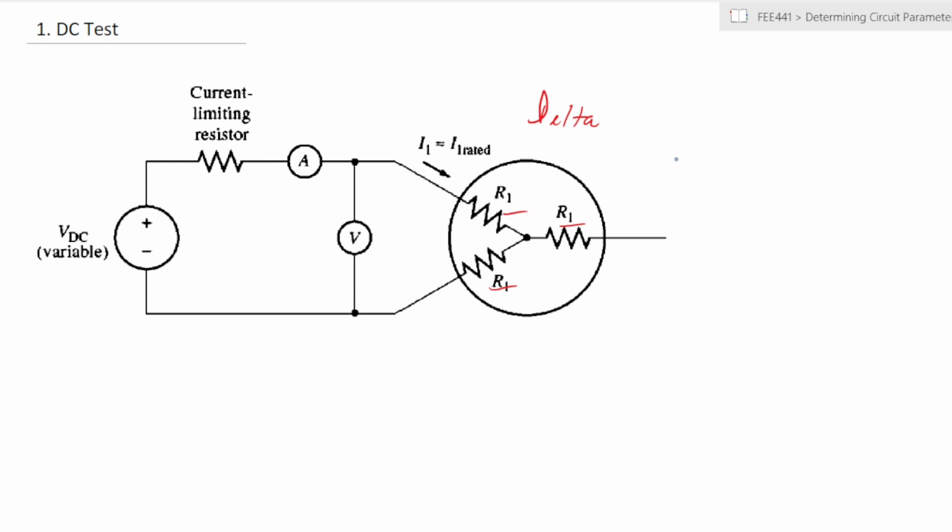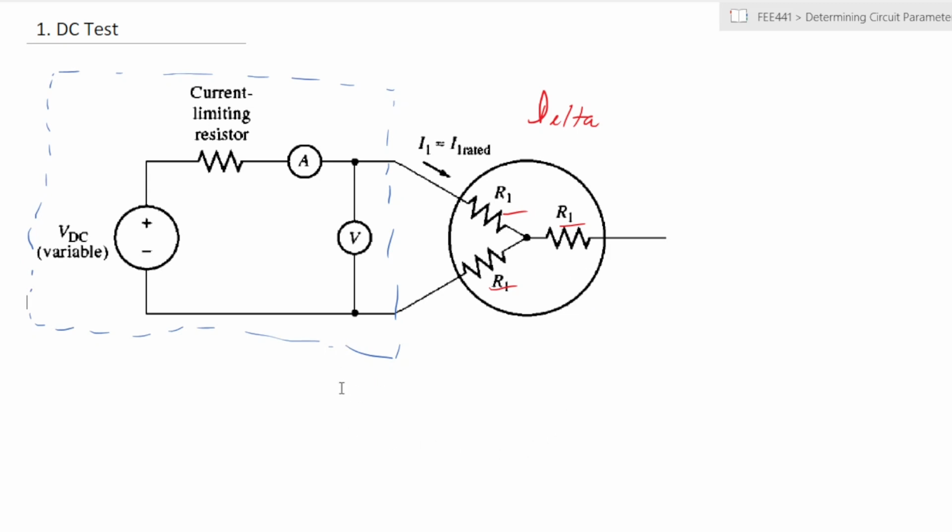That leaves you with 3 terminals, of which you would connect 2 of them across the supply that you have indicated. So this is our test equipment up to here. All right, that is our DC test equipment, and you apply it across 2 of the 3 windings.